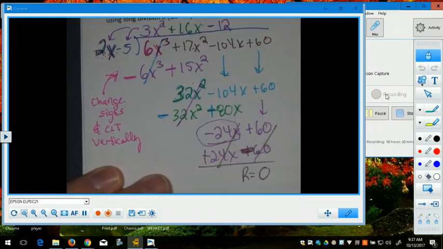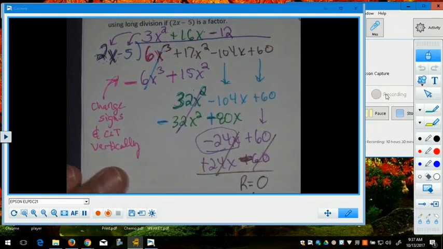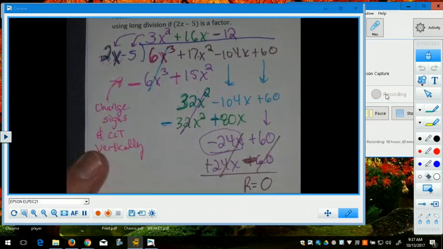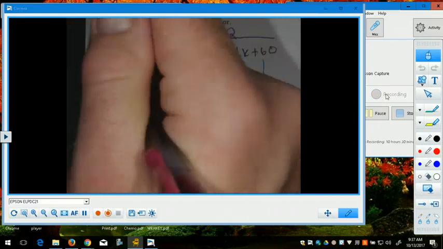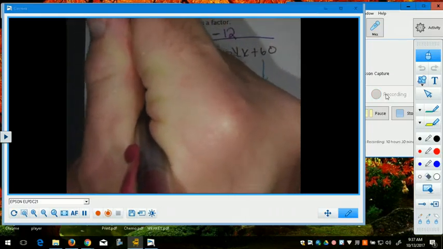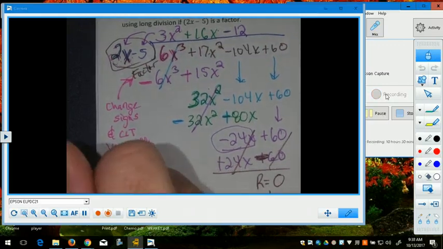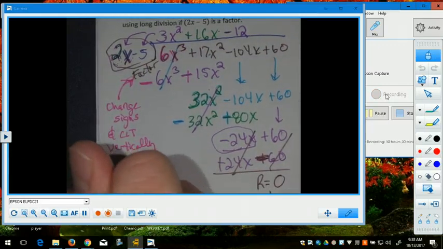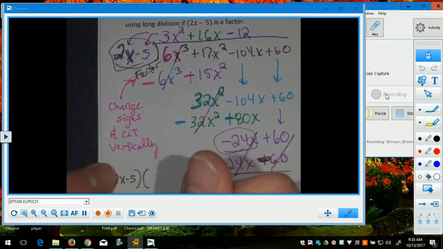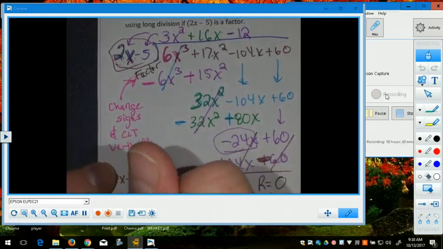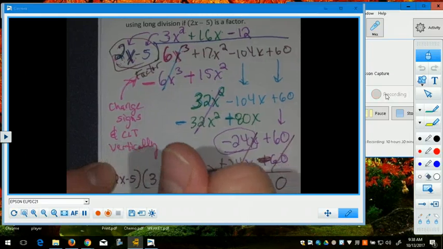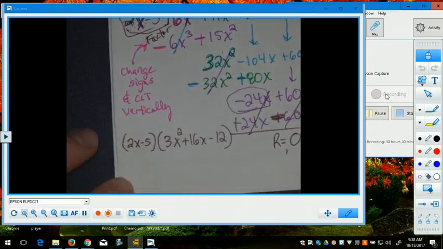my remainder. If I get 0 for my remainder, what does it mean about the 2x minus 5? It is a factor, not just a divisor, but actually a factor. So right now in factored form, I have 2x minus 5 times 3x squared plus 16x minus 12.